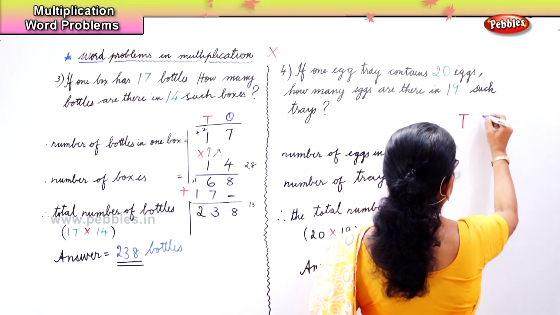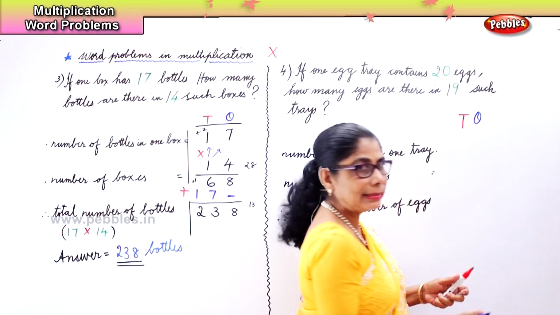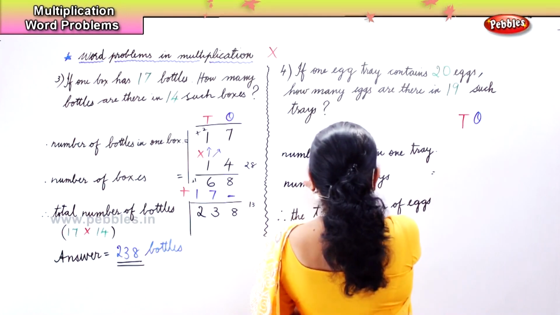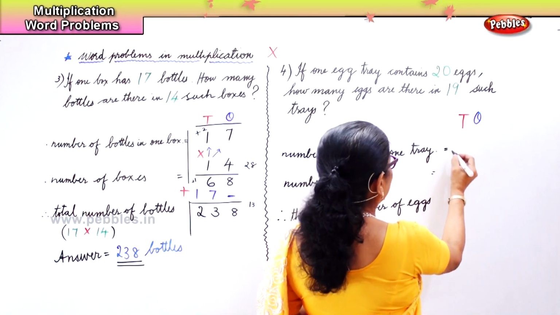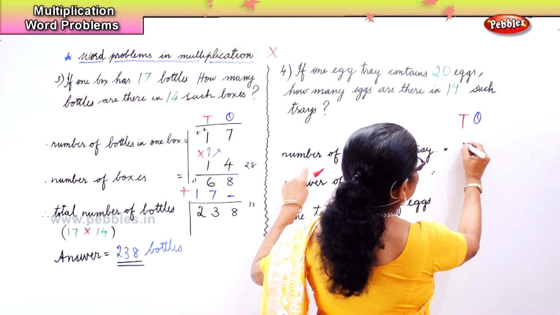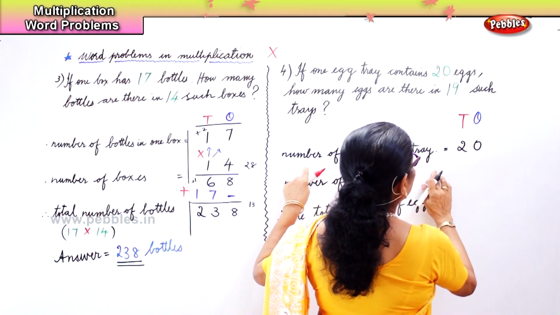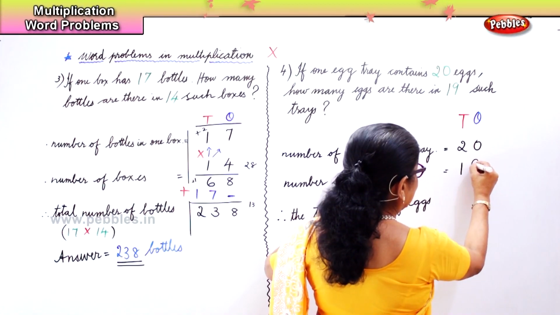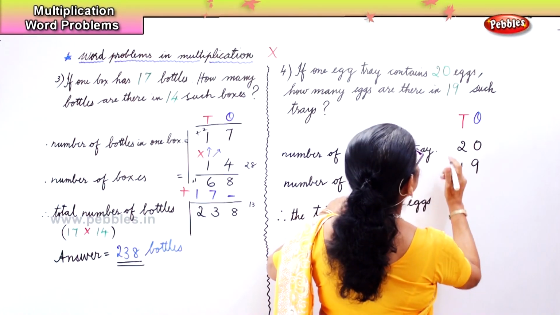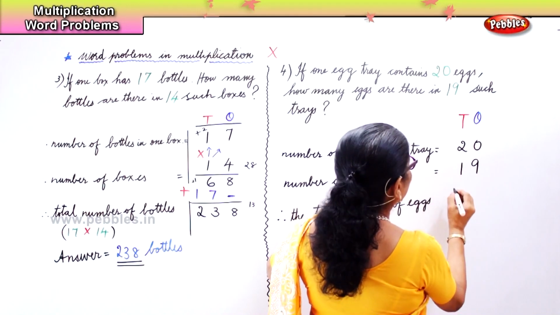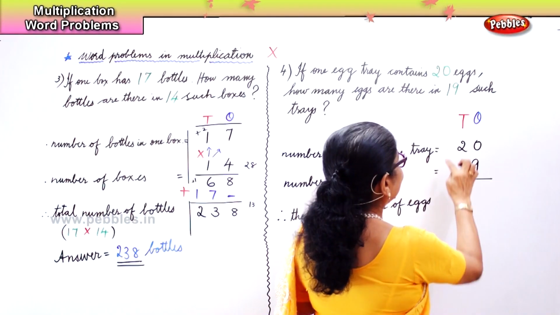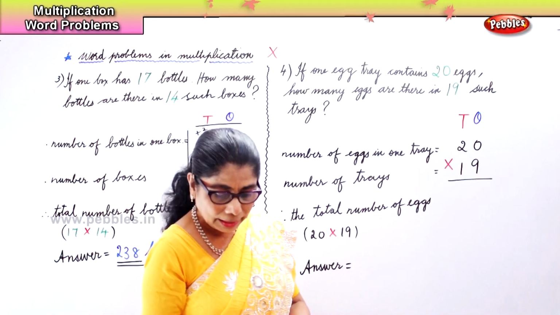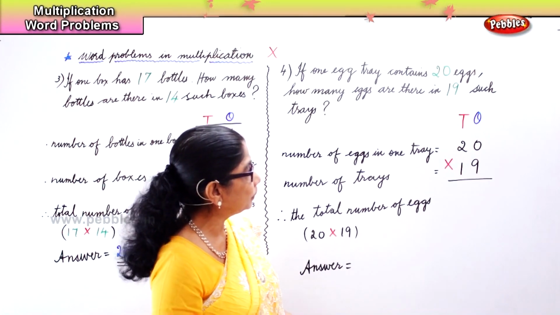Then we place the numbers. Number of eggs in one tray is 20. Number of trays is 19. Now what do we do? 20 into 19. Now let's work out the problem.